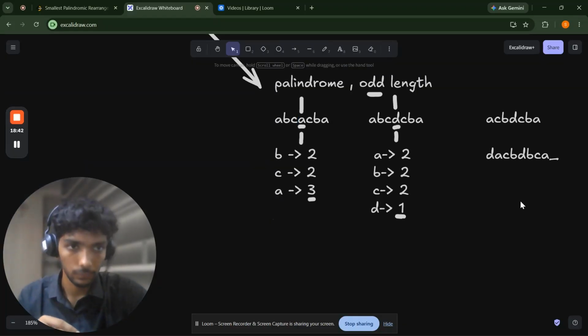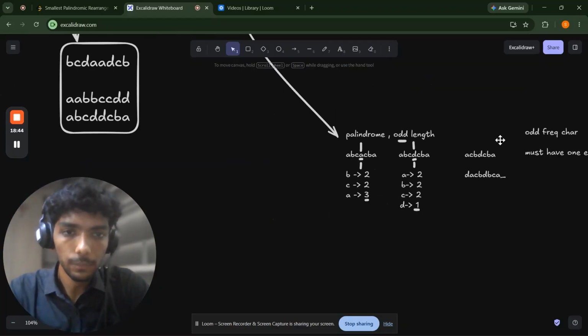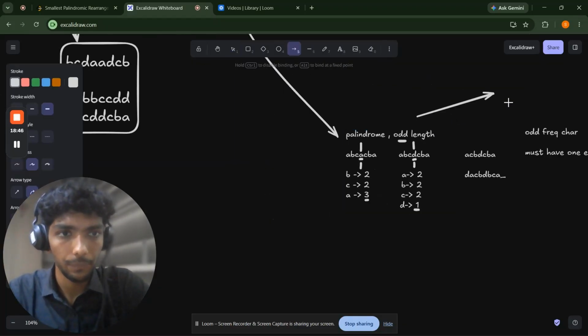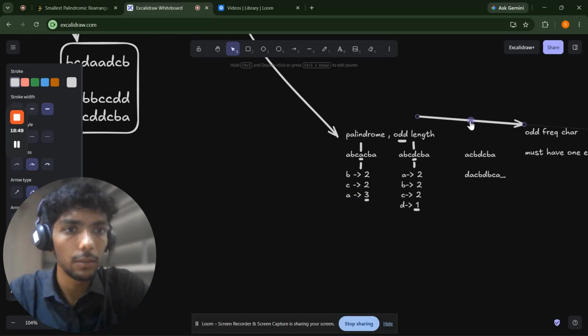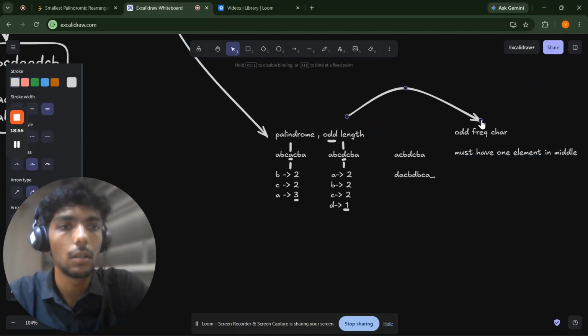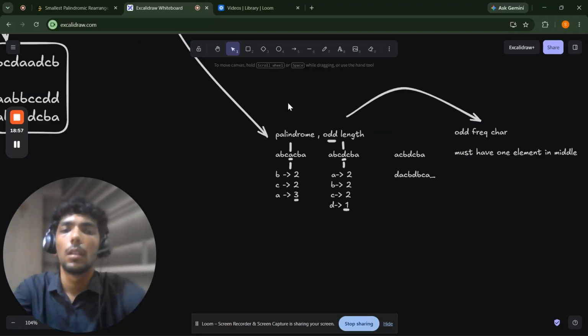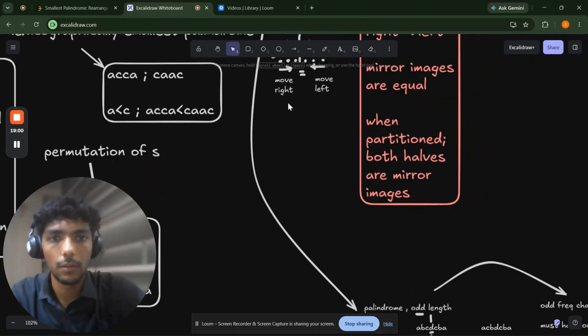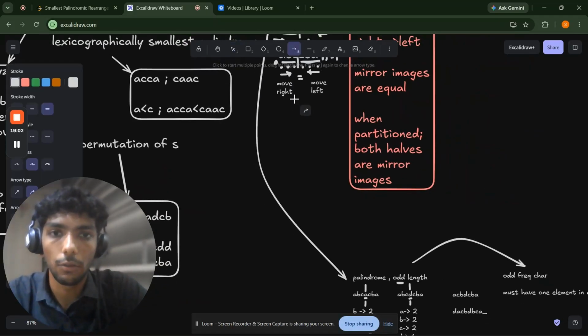So from this we get this conclusion, and from this we have one conclusion as well.